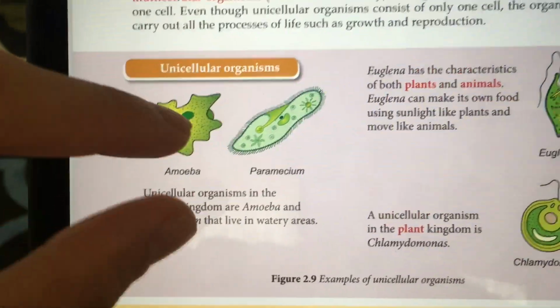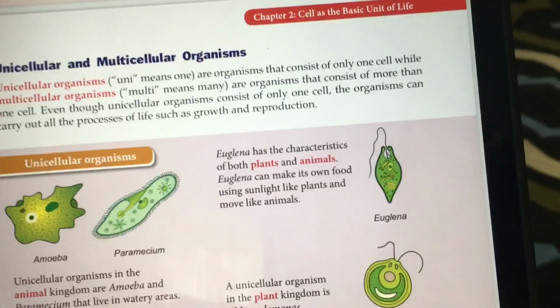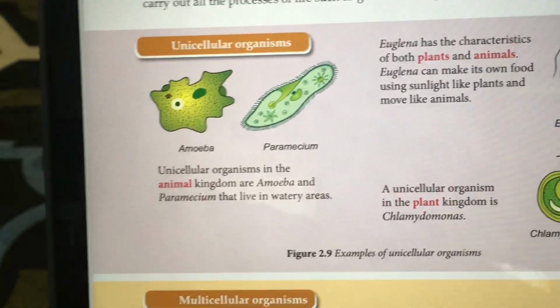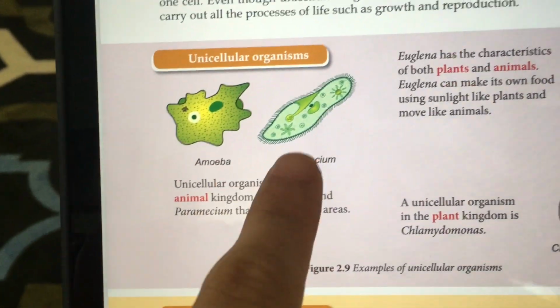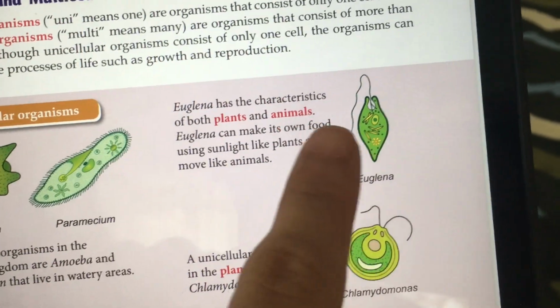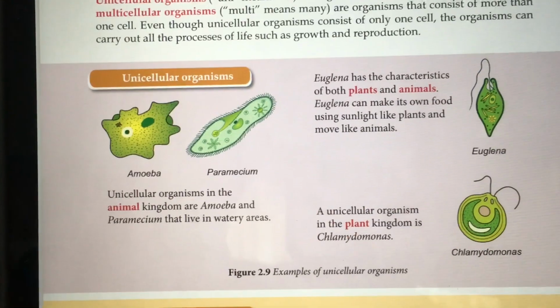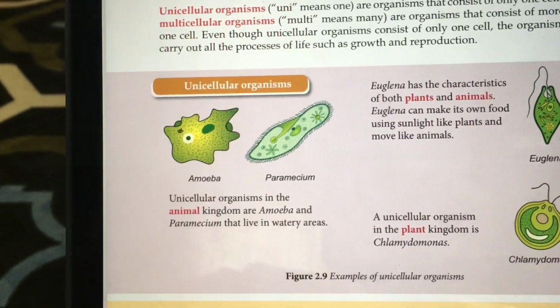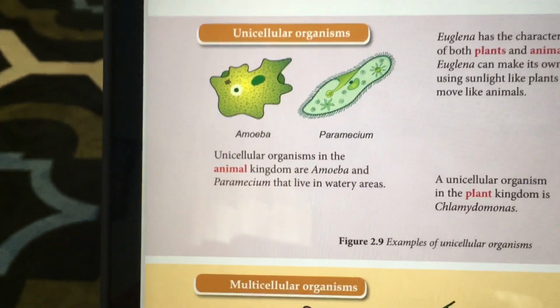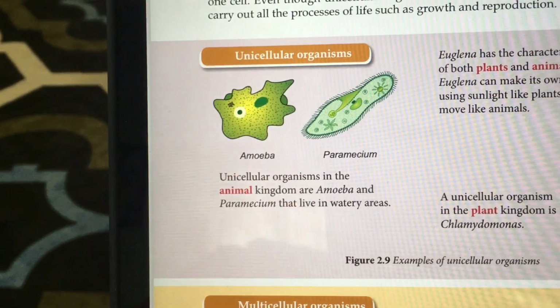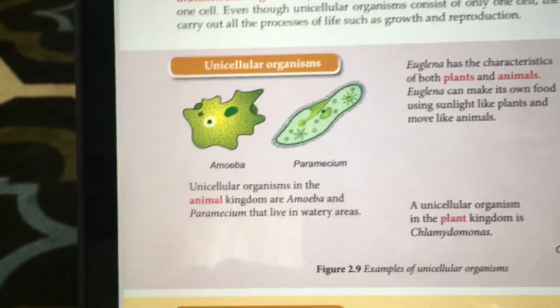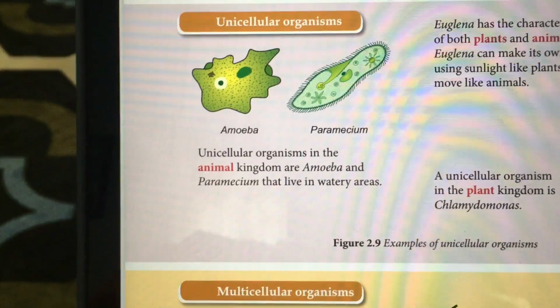Jadi di sini kita ada beberapa jenis unicellular organisms. We have amoebas, we have paramecium, we have euglena, and chlamydomonas. So these are just examples. We have lots of unicellular organisms out there. Bacteria are also unicellular organisms. Okay, bacteria juga adalah organisme unicellular.